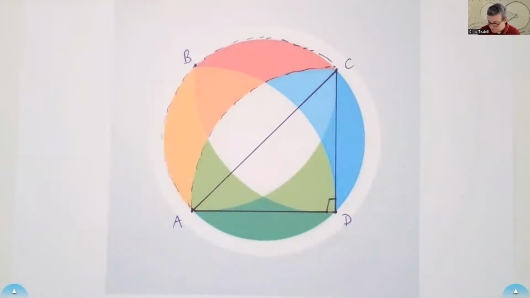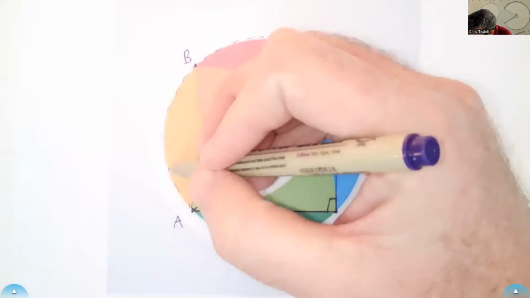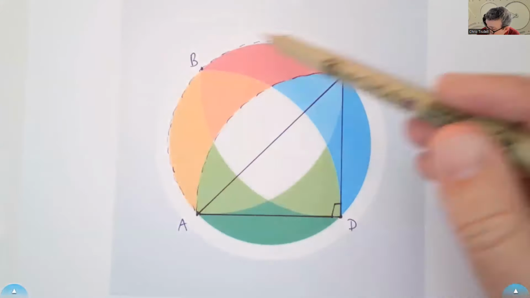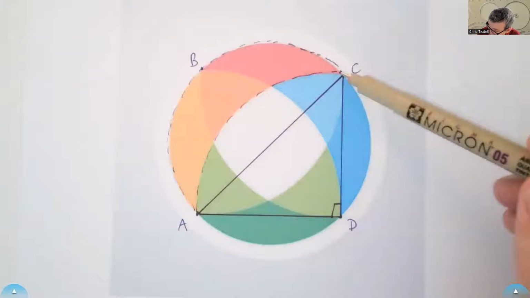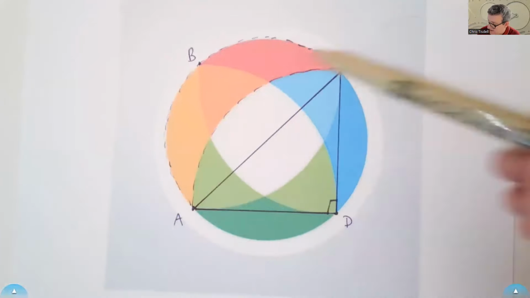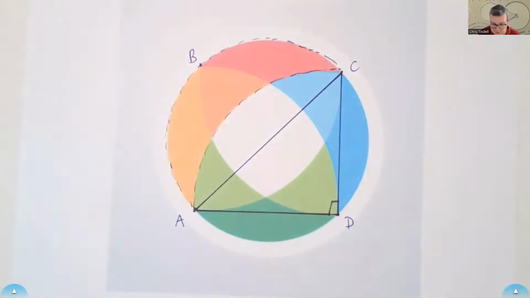It's not new, but it's really interesting because, historically, it was one of the first connections that geometers made between curved shapes and shapes with straight sides, so rectilinear figures. Okay, that was a big breakthrough, and like I said, it's not new, but it's really interesting.